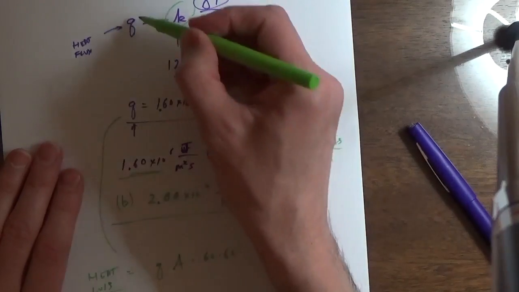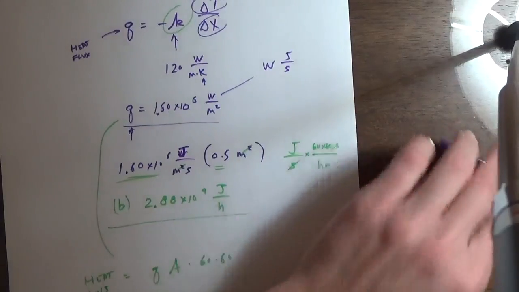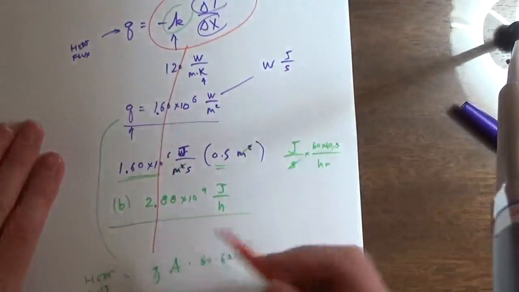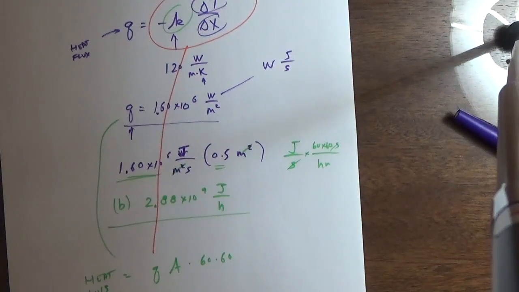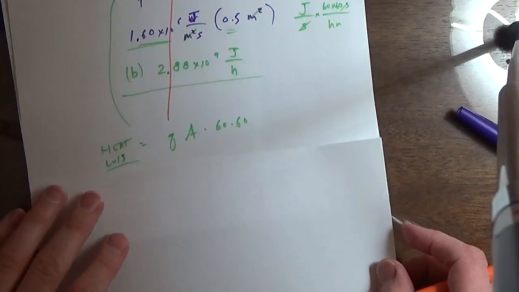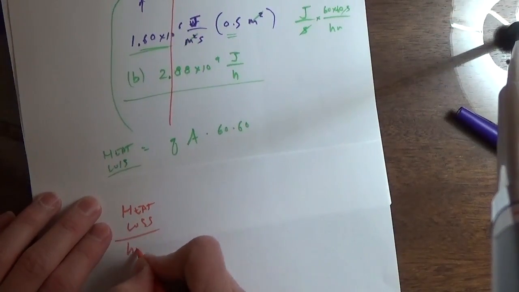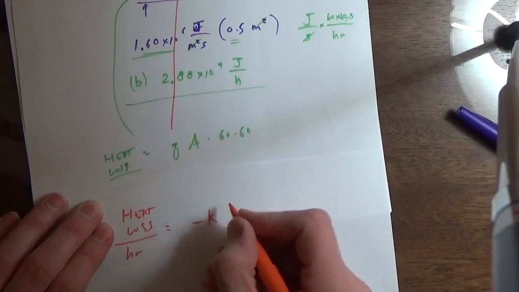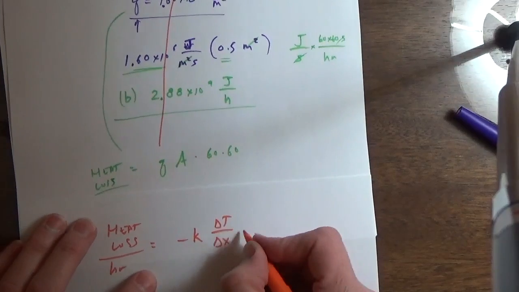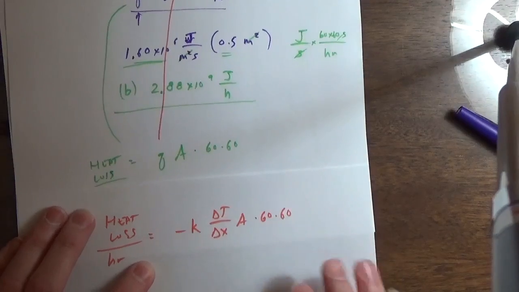Well, we can substitute in this for Q and get loss per hour is equal to negative K delta T over delta X A times 60 times 60.